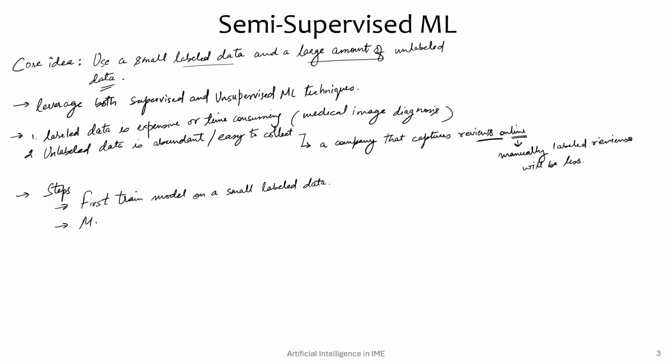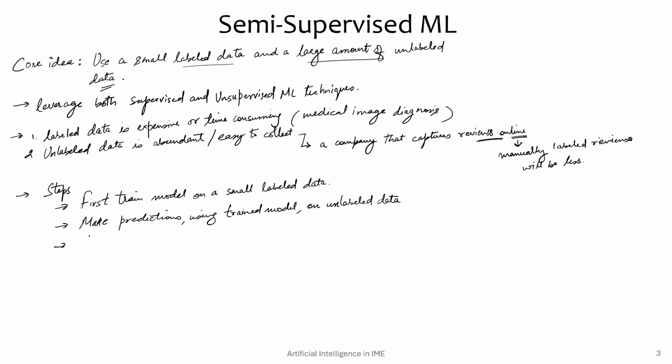After that, make predictions using the trained model, and make predictions on unlabeled data. So now in these two steps we have some predictions on the unlabeled data. So we have received our response variables for some of the rows, right?